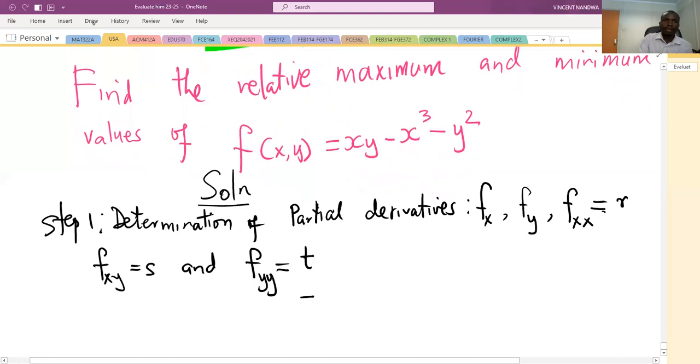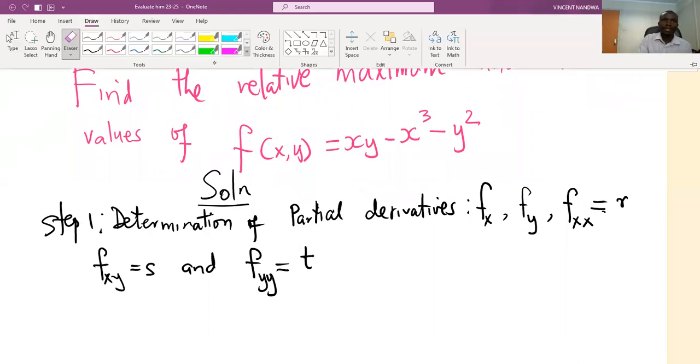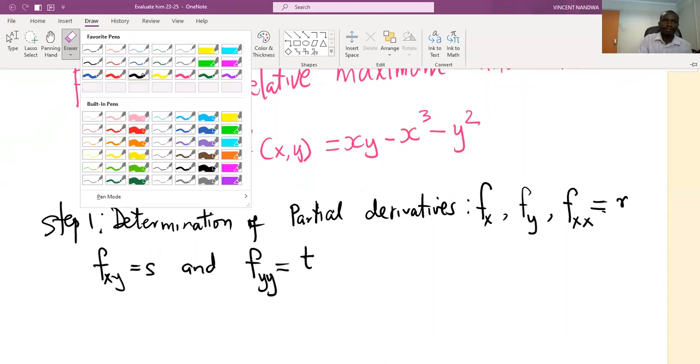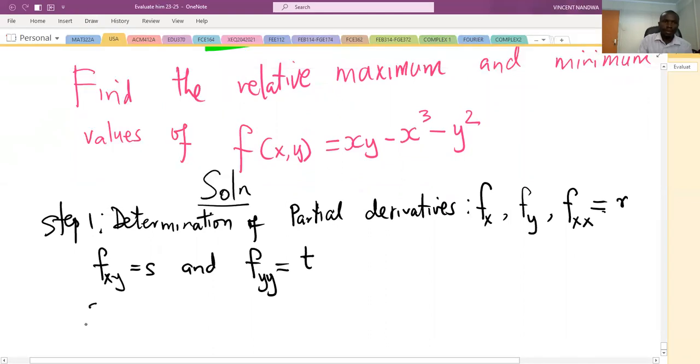So in our problem, fx or partial f partial x for this function will be y minus 3x squared.